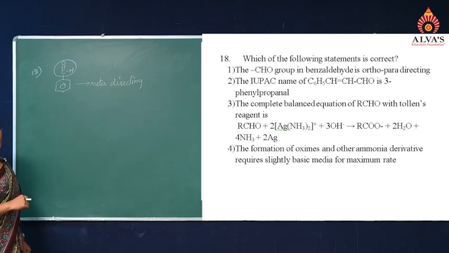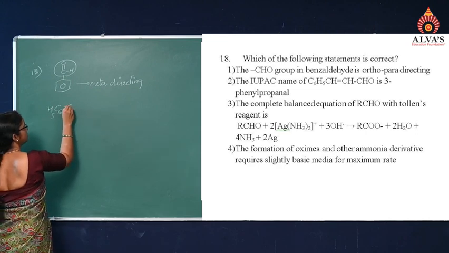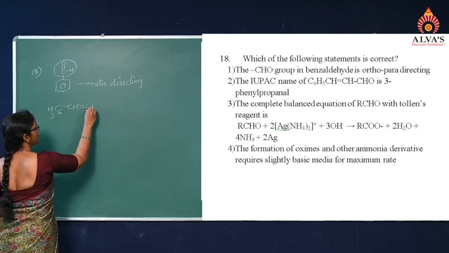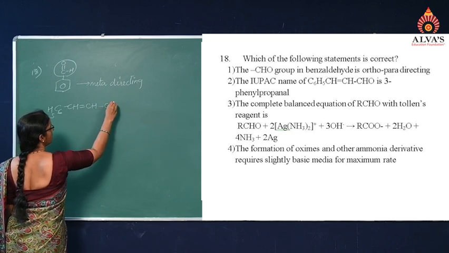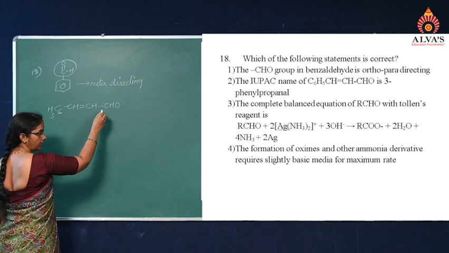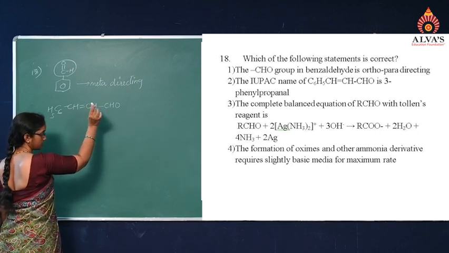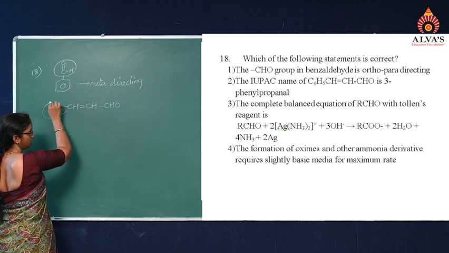Second, IUPAC name of C6H5CH=CH-CHO is, let us see, here carbonyl carbon gets first position, hence position number 3 has phenyl group.